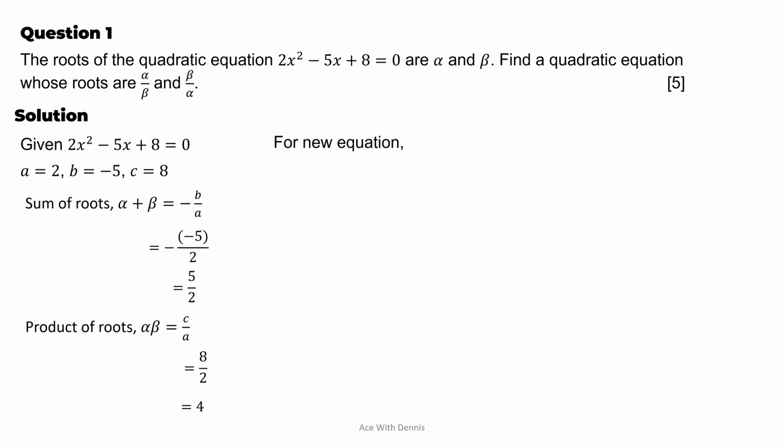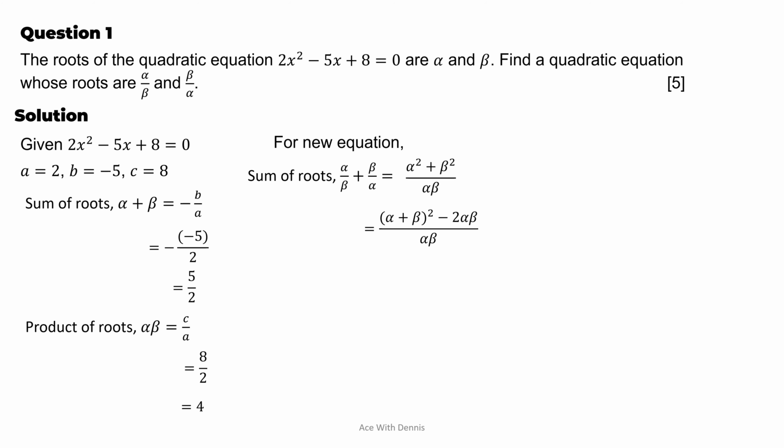Then we move on to the new equation. The sum of roots is alpha over beta plus beta over alpha, which we can combine together to get alpha squared plus beta squared over alpha beta. So alpha squared plus beta squared is alpha plus beta squared minus 2 alpha beta, then over alpha beta.